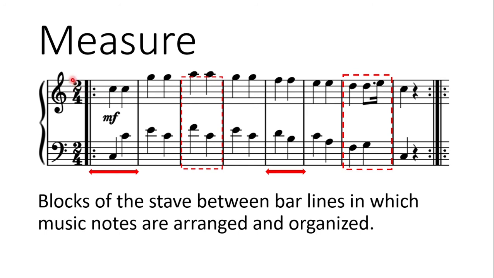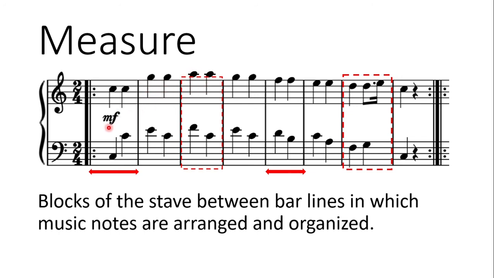And the time signature here is 2 on 4. The 4 here indicates a quarter note, so each beat gets 1 quarter note. Can you see the quarter notes right here? 2 quarter notes, 2 quarter notes, 2 quarter notes.